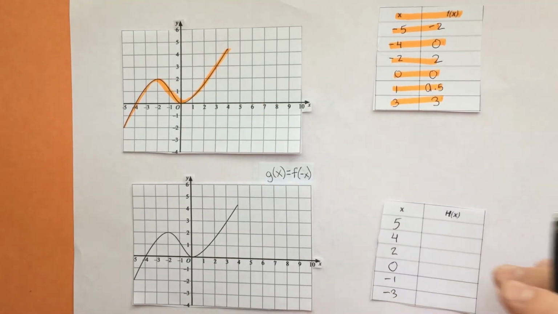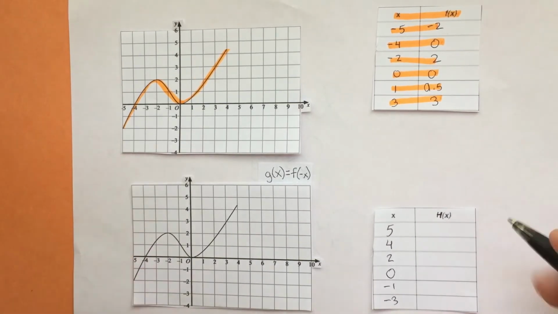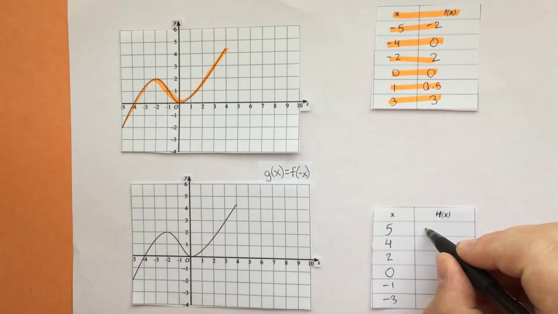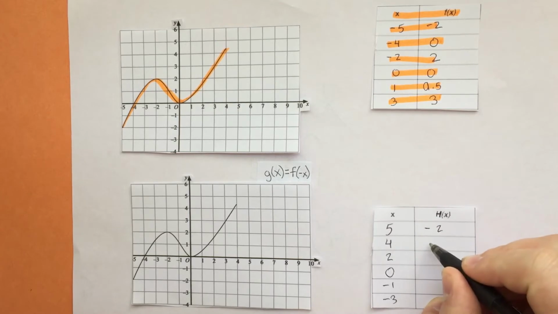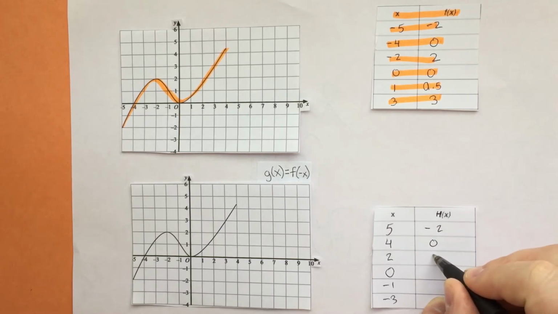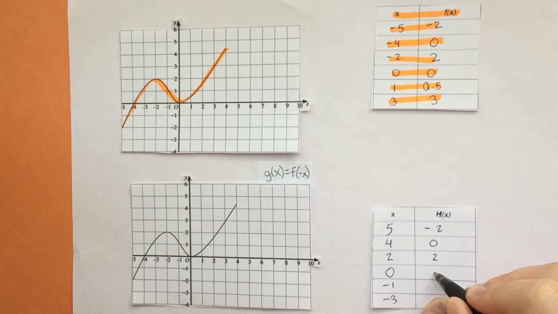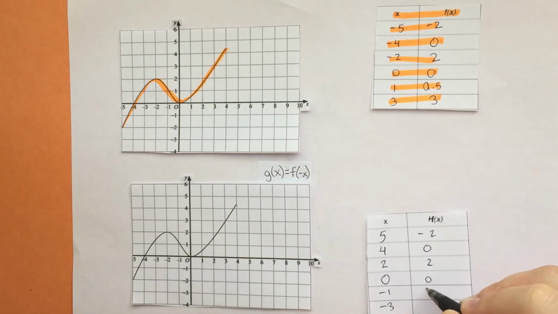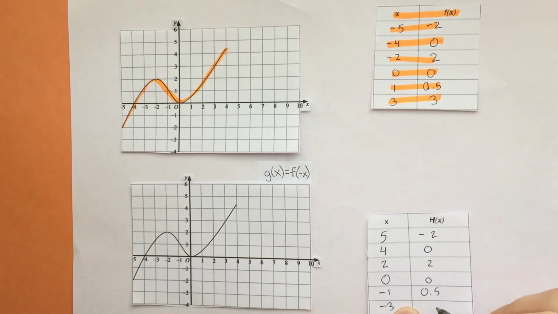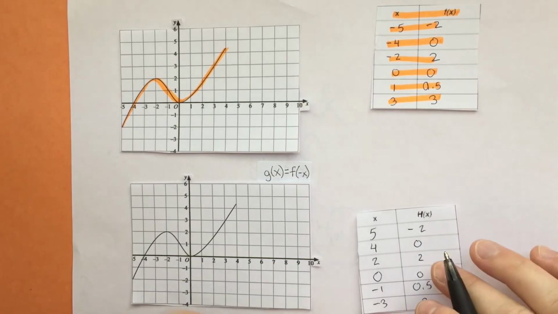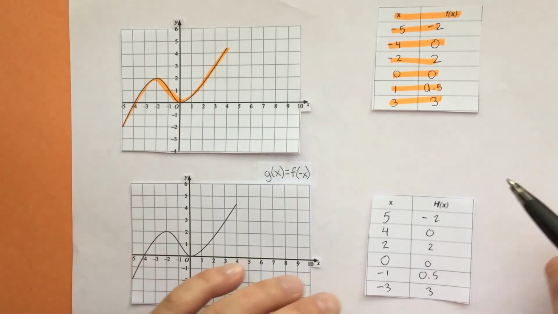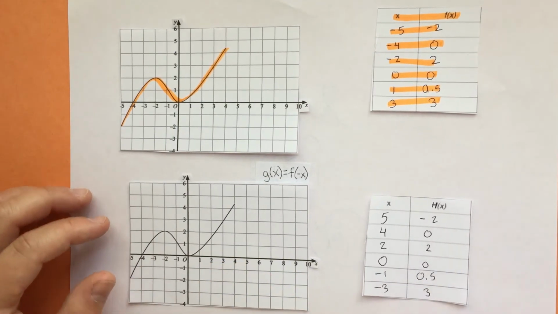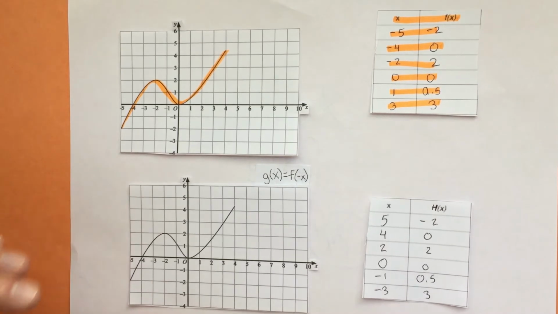But what stays the same? The y values stay the same. Okay? So let's look at our table here. We're going to go ahead and plot these points to make our new graph.